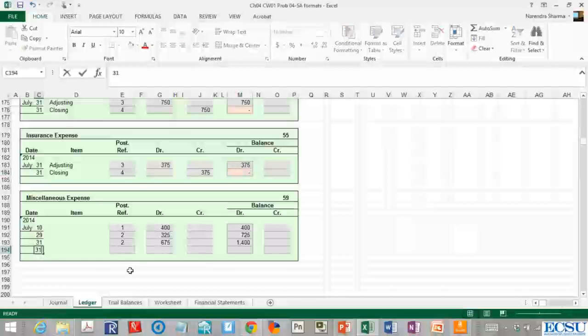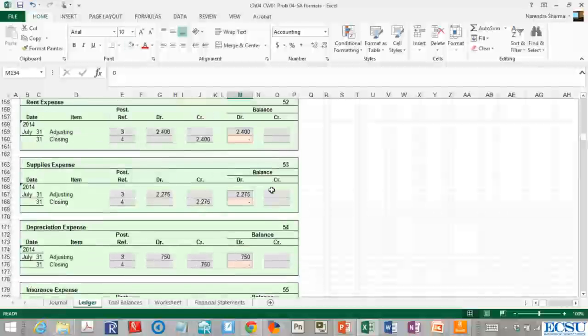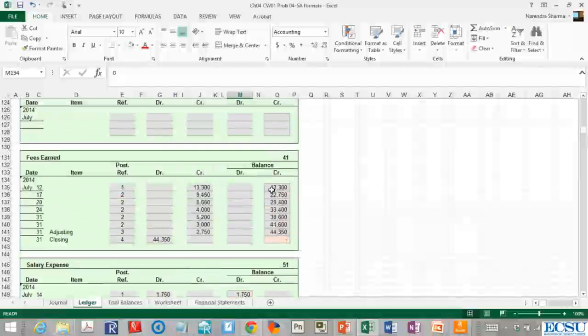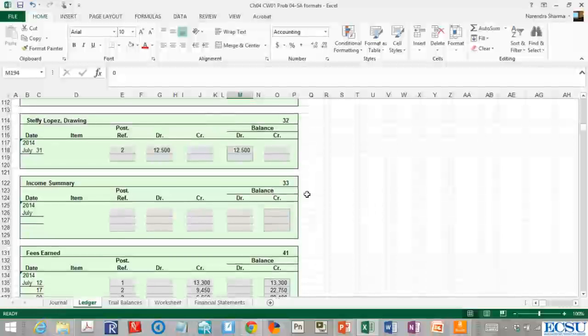Miscellaneous expense, it was page 4, and a credit of 1,400. Now debit 1,400 minus credit of 1,400 will give us 0, and we have zeroed that out as well. Now next thing we need to do is we need to close, we need to take information to the income summary.